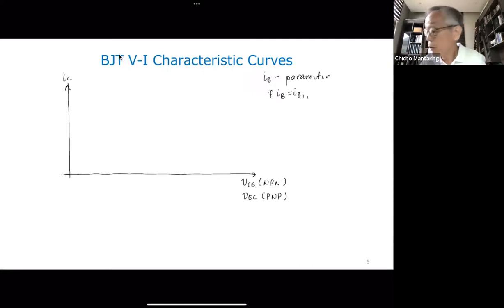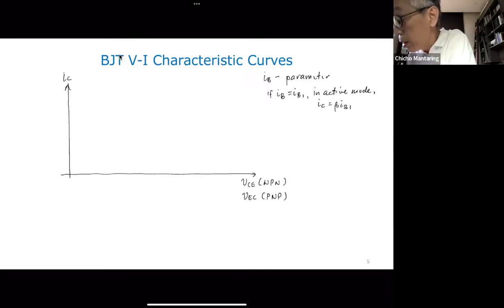Then in active mode, IC will be equal to beta times IB1. So let's say this is my beta times IB1. That is the value of my beta times IB1. When will I be in active mode?